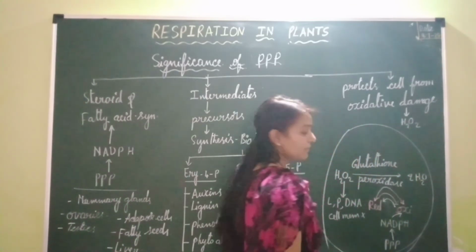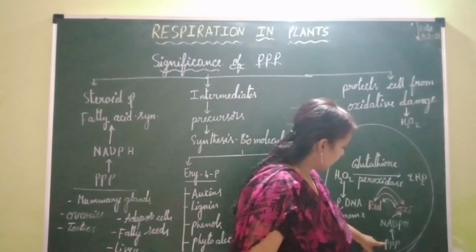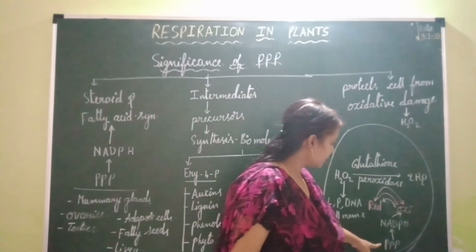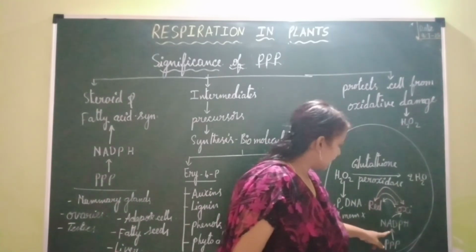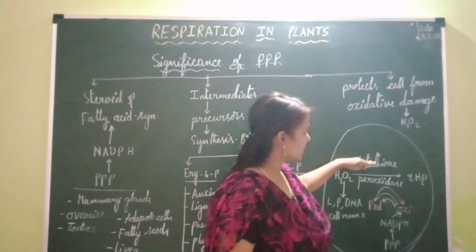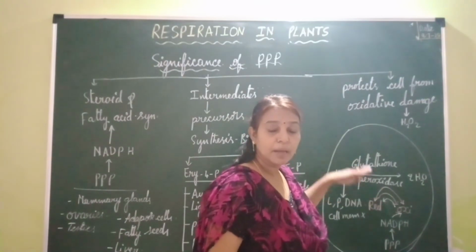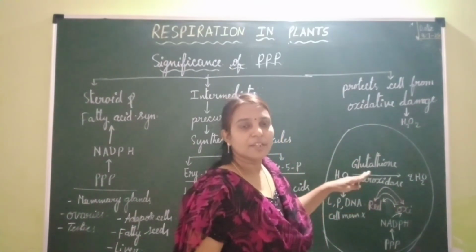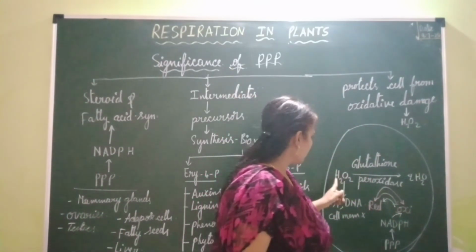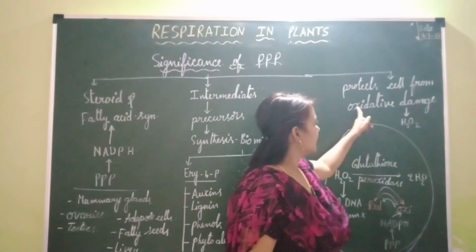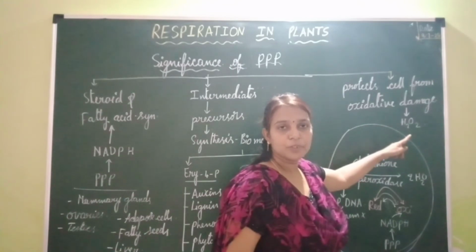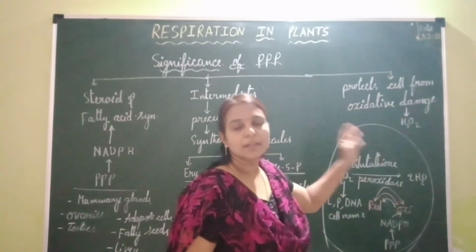So now what can we say? The PPP pathway occurs inside the cell, due to which NADPH is synthesized inside the cell. This NADPH helps in maintaining the glutathione peroxidase enzyme in its reduced state, which is involved in the breakdown of hydrogen peroxide into water, so that oxidative damage caused by hydrogen peroxide inside the cell can be reduced.